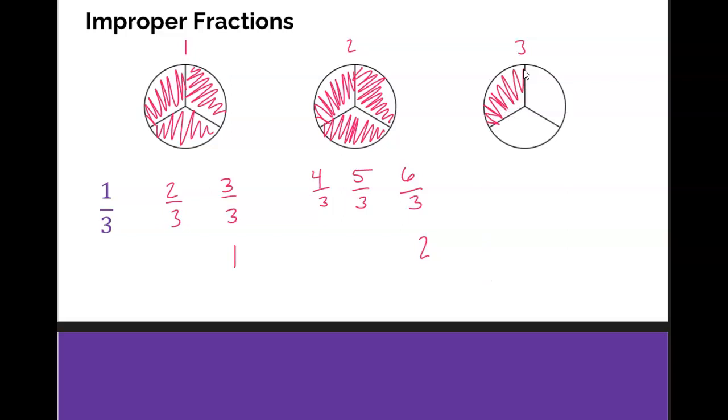We could keep counting 7 thirds, 8 thirds, and the last one would be 9 thirds here, which reduces to 3. So you can see we just kept the same denominator, thirds, the whole time, everything over 3, and then we just counted up 1, 2, 3, 4, 5, 6, 7, 8, 9, and it would continue. We'd go 10, 11, 12, everything over thirds when we're counting by thirds. So that's just a reminder how we do improper fractions.